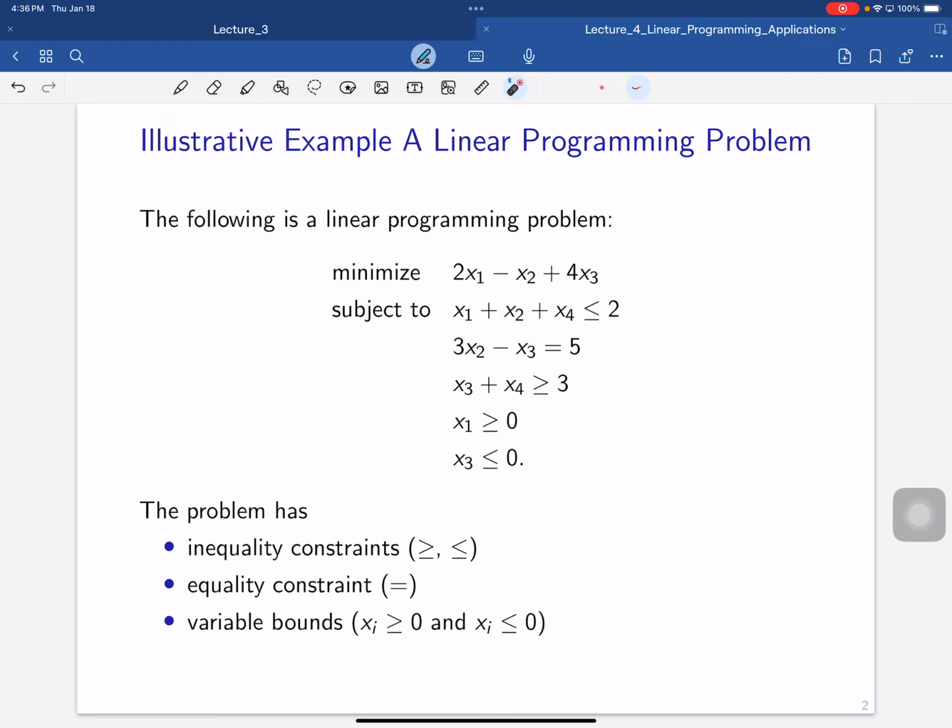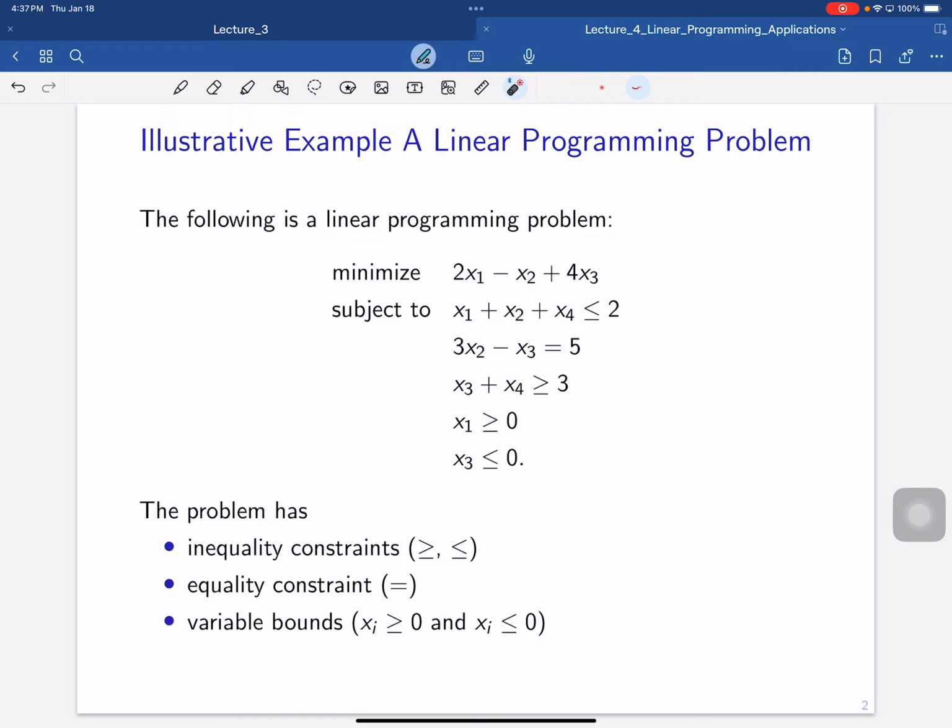So what is linear programming? Here's an illustrative example. As you can find, we have only 4 variables. We are denoting them by x1, x2, x3, and x4. Right? So in the objective, you have some sort of linear function of x1, x2, and x3. And we can have some constraints. All those are linear constraints.